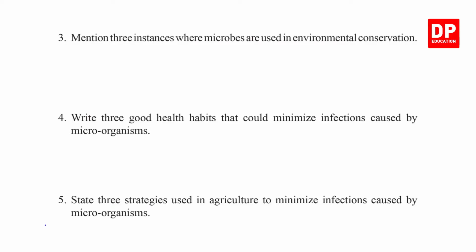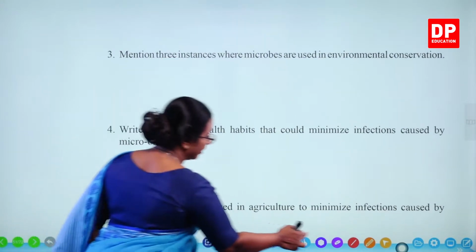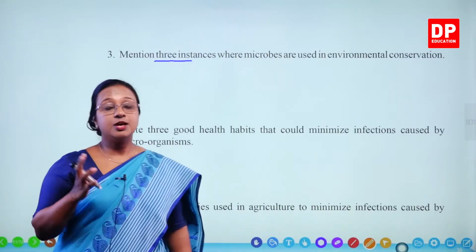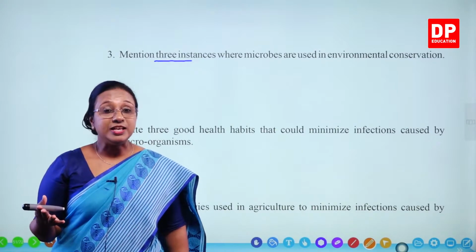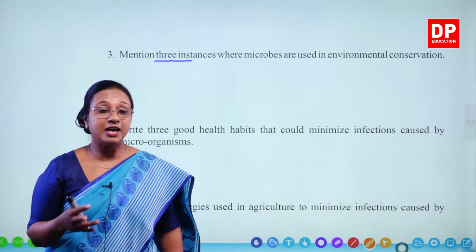The third question, mention 3 instances where microbes are used in environmental conservation. So I am sure you know the answers. You have written them down. You have to write 3 instances. What are they? Normally we need microorganisms to decompose organic garbage.